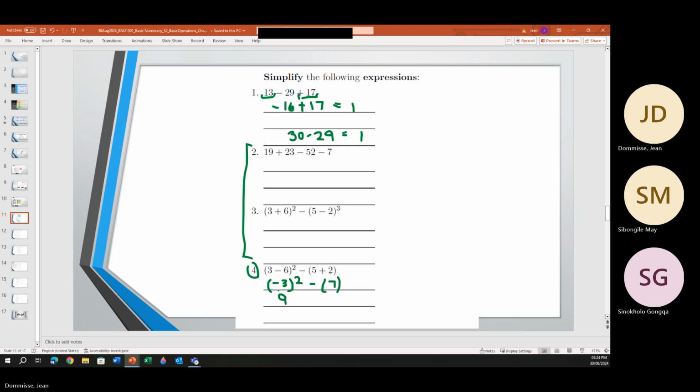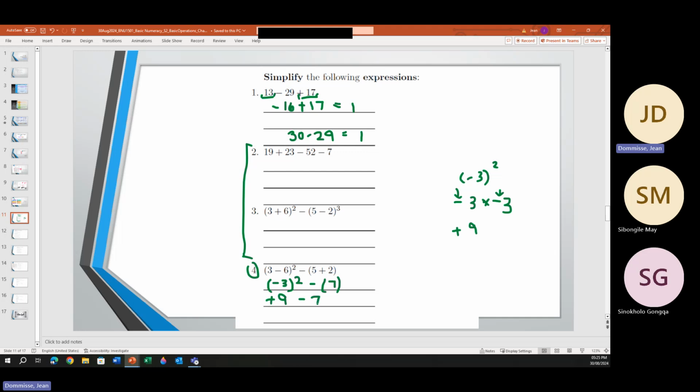The other thing I just want to show you is that it's the same as saying minus 3 times minus 3. Minus times a minus will give you a positive. 3 times 3 will give you 9, so plus 9. So for that first one we have plus 9, and then minus times the 7 is minus 7.